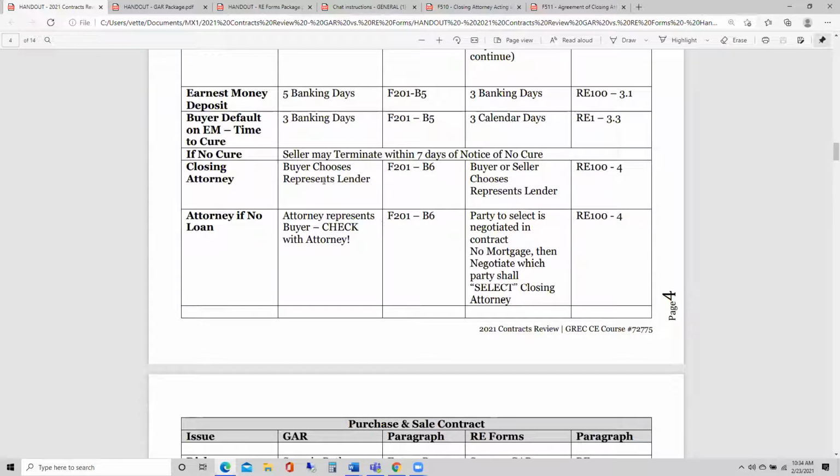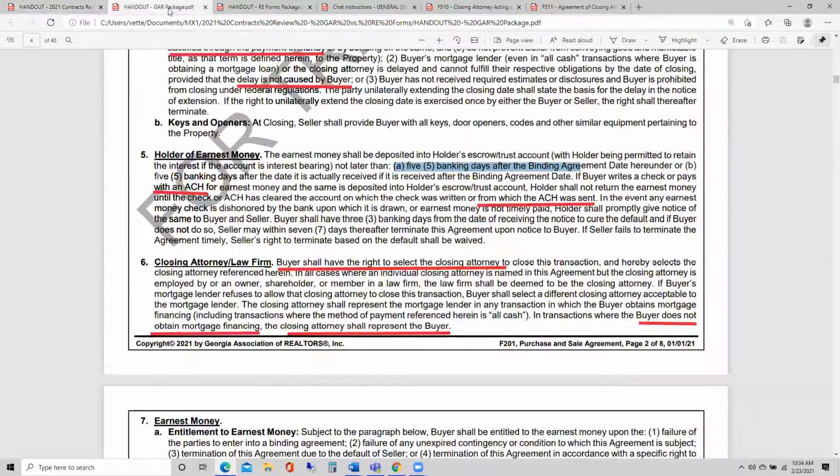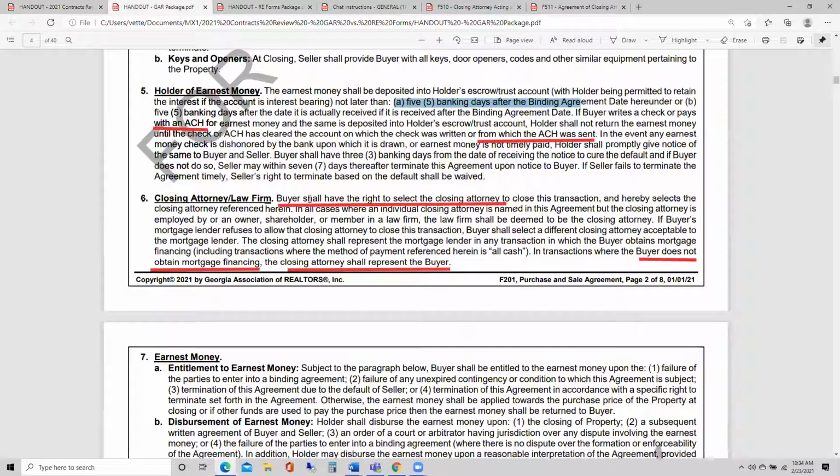In both of them, the closing attorney represents the lender. However, in the GAR contract package, it states right here, paragraph B6, buyer shall have the right to select the closing attorney. I know the argument, you listing agents.